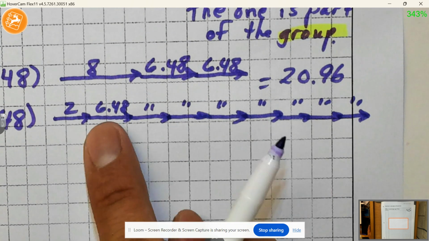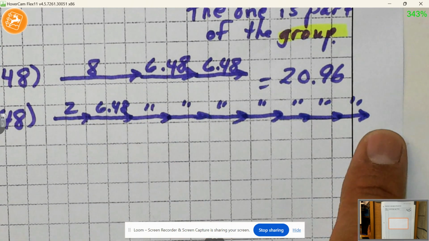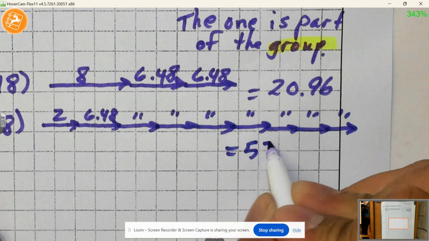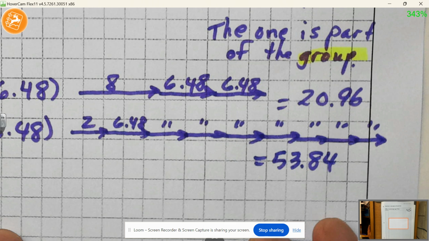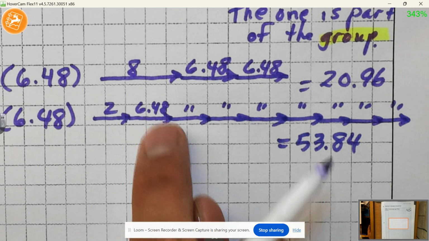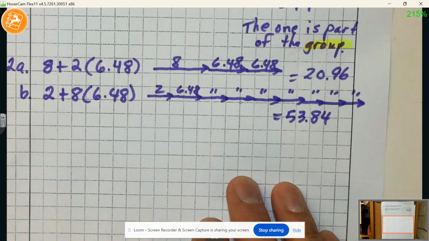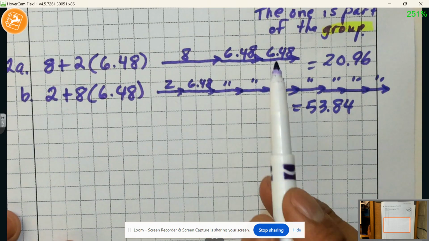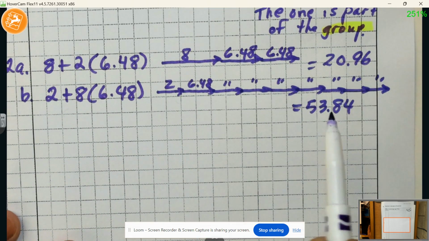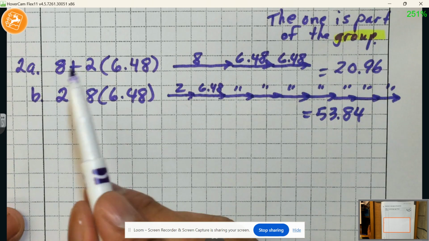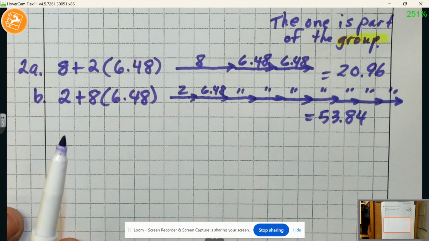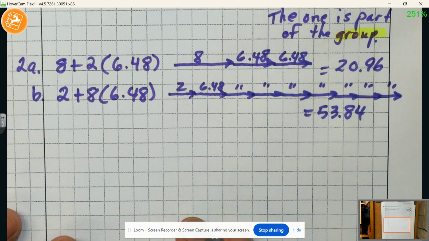And when we add them, it's, well, 6.48 times 8 is 51.84, and then we just add 2. So this will give us 53 and 84 hundredths. Okay, and that would take a little bit of a worked out multiplication. Okay, but you see the difference between the two diagrams. One is 20.96, one is 53.84, but we're using the same numbers, same operations, but our grouping is different. Okay, we have 8 groups of something and 2 groups of something.